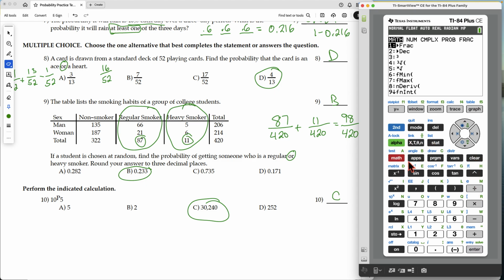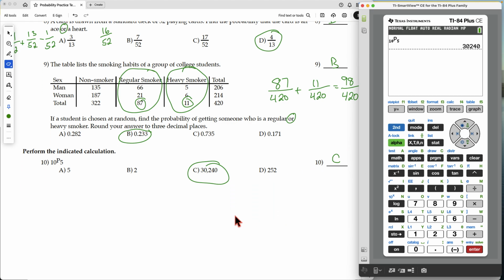We go to math, probability, and then you have to go down, nPr. Now, depending on your calculator, you may have to put in the number first, the 10 first. So let me do that. Put in the 10, math, probability. If you don't have to, you could go back and do that, but many of you have a calculator that requires it. Put in the 5, and you see again 30,240.